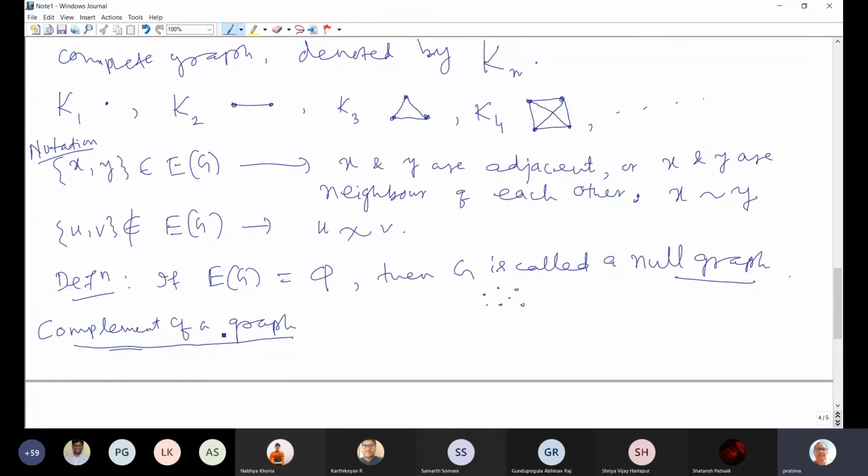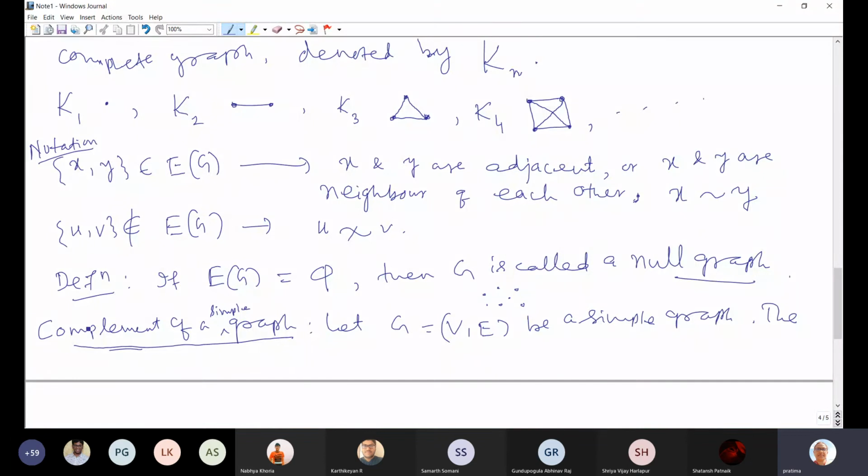Suppose I will also write the vertex set and edge set. Let G be a simple graph.